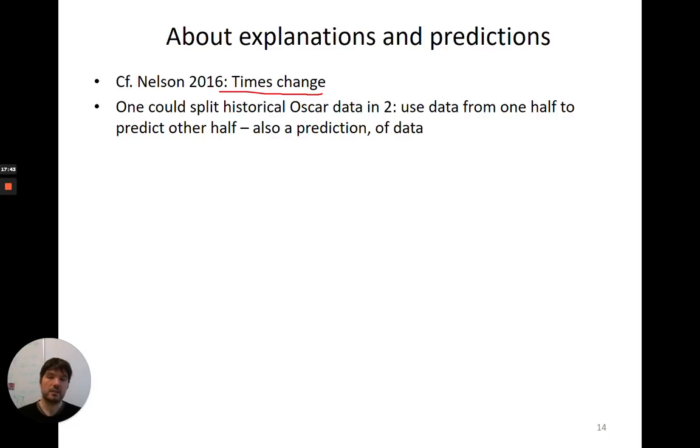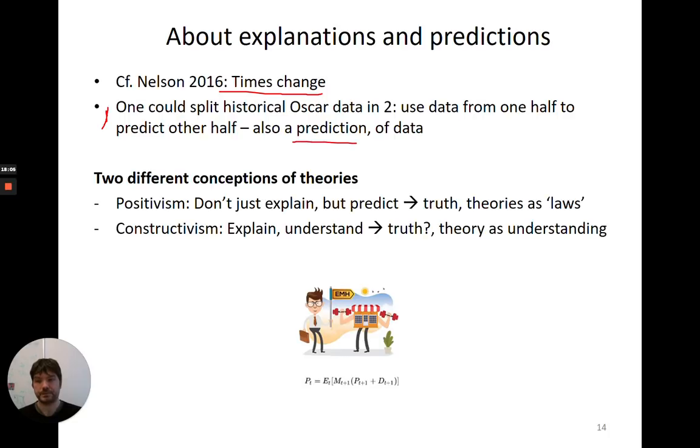So in that sense, we should maybe acknowledge that predictions don't necessarily hold over all time periods. One should also think about what prediction actually means, because we could take historical Oscar data and split it in two and use data from one half to predict the other half, which would not be a prediction of the future, but it would be a prediction of data. So the word prediction is not completely straightforward.